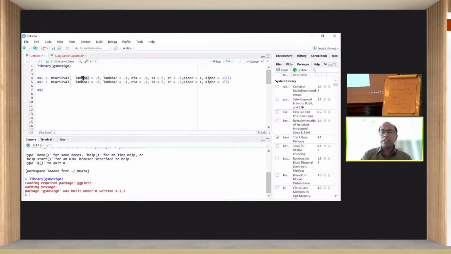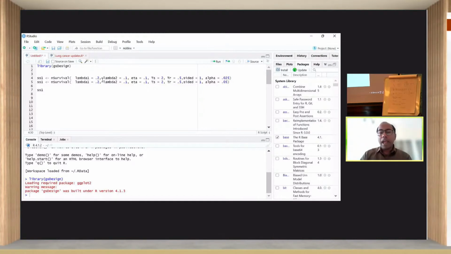Lambda 1 is about one group, the control group, or the existing group or reference group, whatever you call it. For that group the anticipated hazard rate is 0.2, meaning 20% will die or relapse after a certain time point. So 20% is converted to 0.2, and that is given as lambda 1.